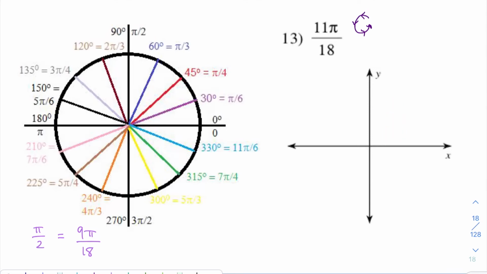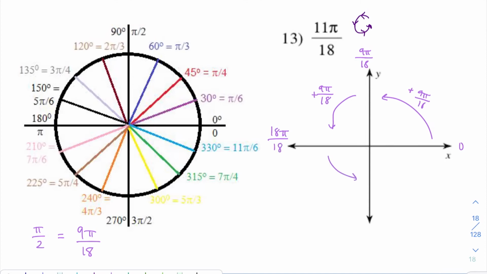So I'm just going to start with 0. Then I'll add 9 pi over 18. So this will be 9 pi over 18. Then it's another quarter turn, so I can add 9 pi over 18 again. Okay, when denominators are the same, we just did this in unit 4, you can just add the numerators. So this is going to be 18 pi over 18.